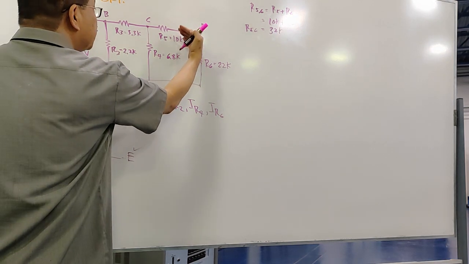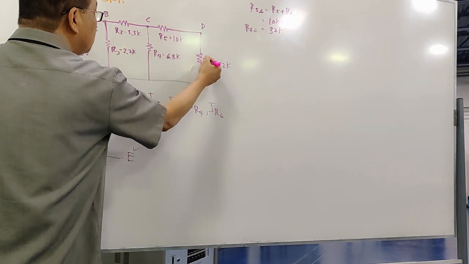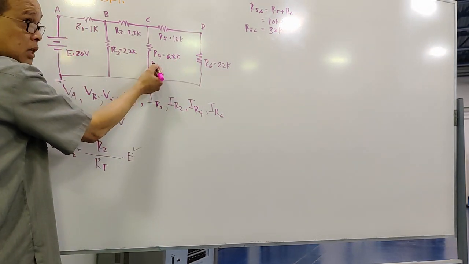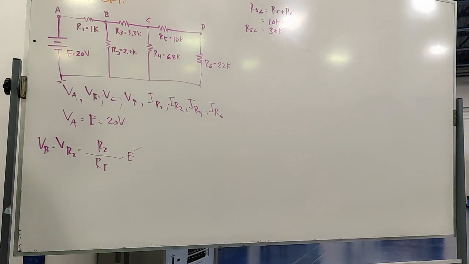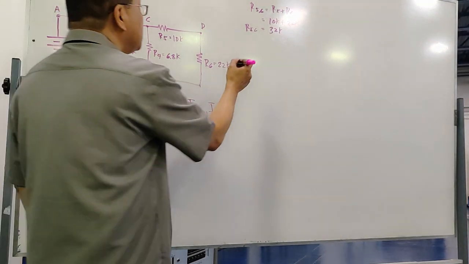Now this becomes one resistor, R5,6, and these two are in parallel with R4.